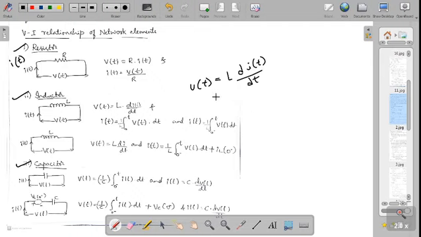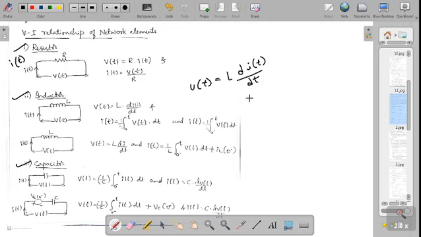Now we found the equation for voltage across an inductor. If we need to find the equation for current, here there is a current i of t. In order to eliminate this d by dt, that is differentiation, we need to make use of integration, since integration is the inverse of differentiation. We just need to integrate this.